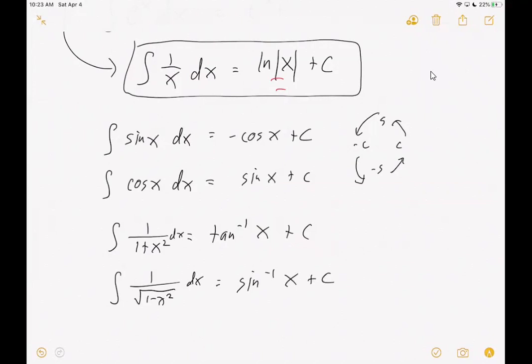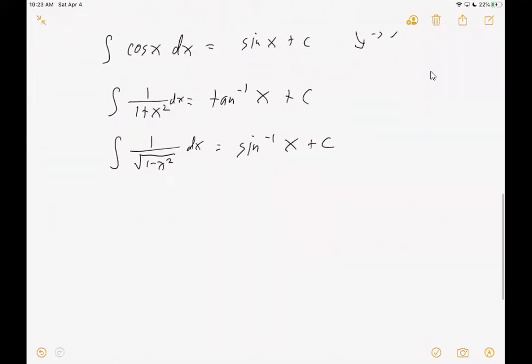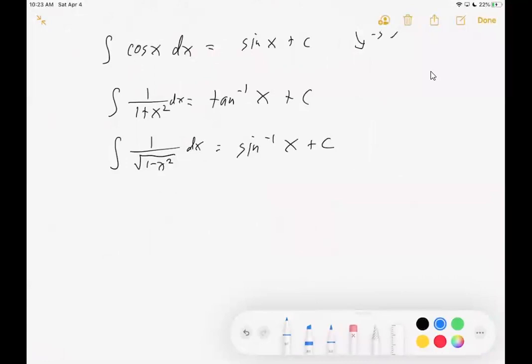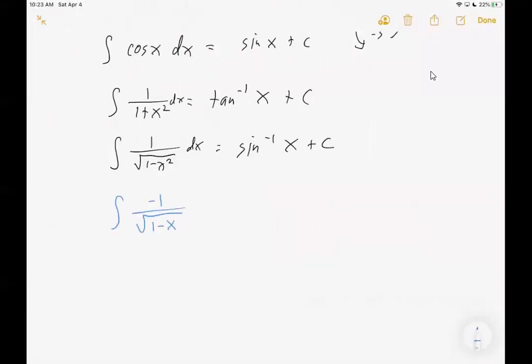By the way, you don't need to know the one with a negative in there, because if there were a negative, just switch colors here. If I were to do the negative of this, you should know that the derivative of inverse cosine leads to that integrand.